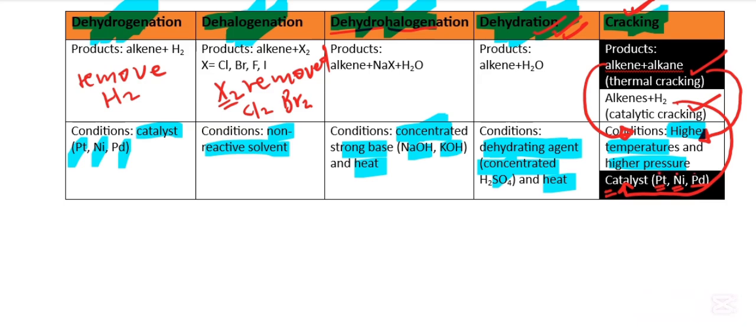But once there is a catalyst, the type of cracking is catalytic, and the products that we are going to get are alkenes and hydrogen. Remember, with thermal, the products that we get are alkenes and alkanes.